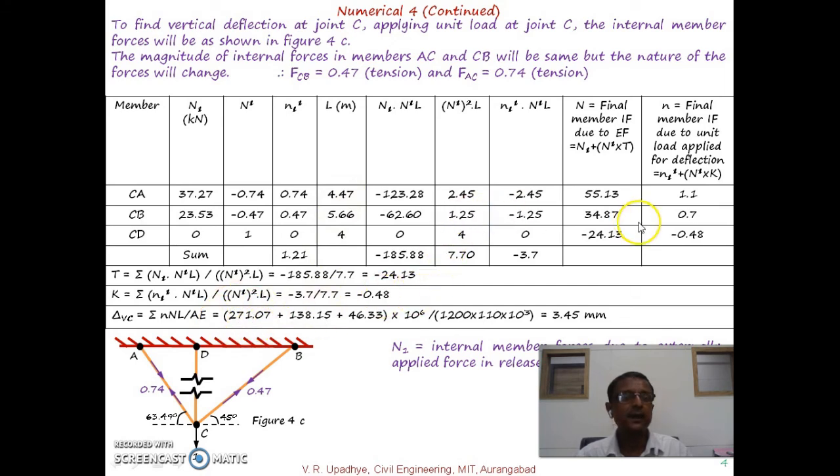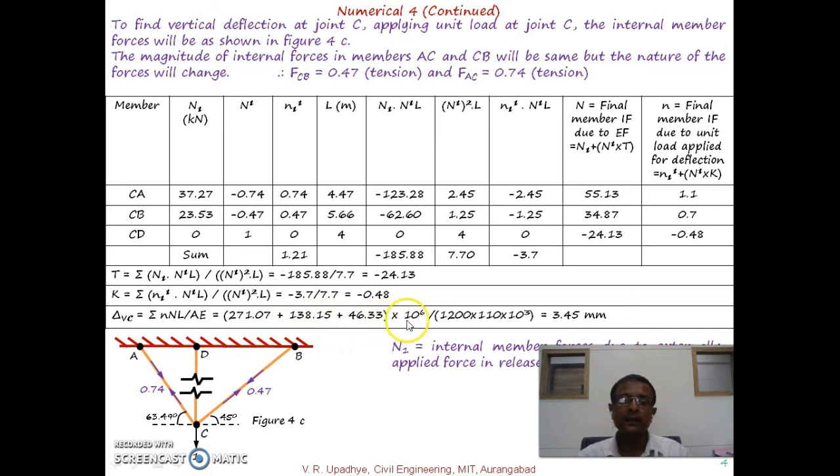Similarly, 0.7 multiplied with 34.87 multiplied with the length 5.66 gives us 138.15. The third calculation is 0.48 multiplied with 24.13, that is small n multiplied with capital N multiplied with the length of 4 meter. This gives us 46.33, and every term in this calculation is in kilonewton meter.